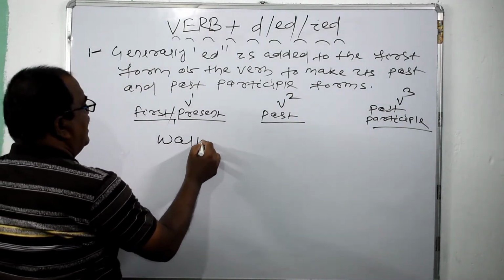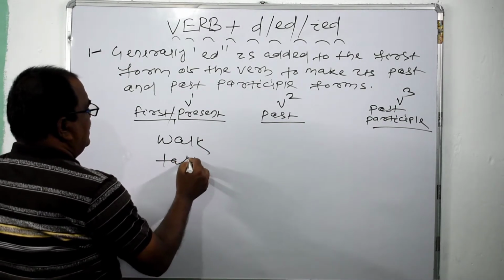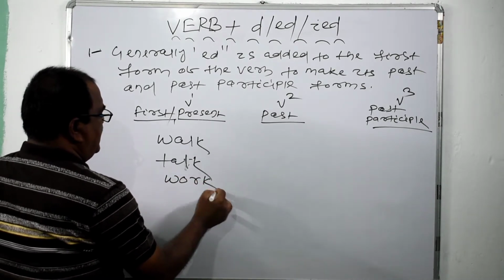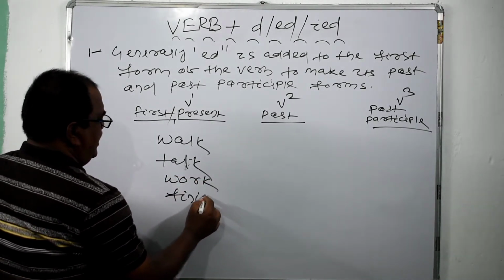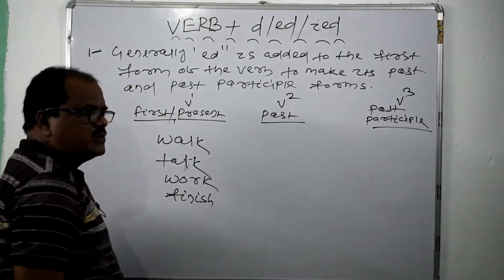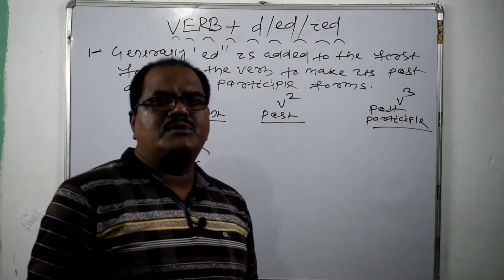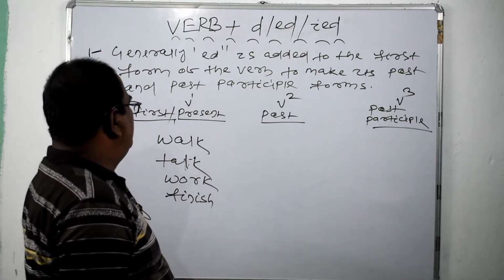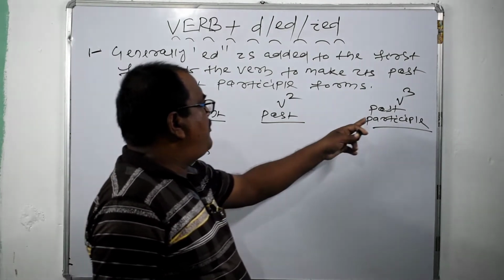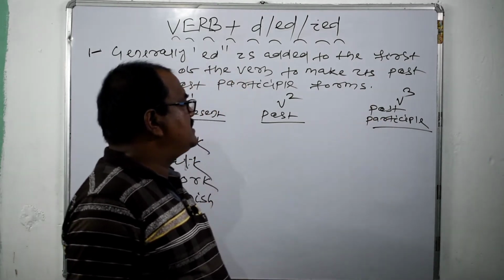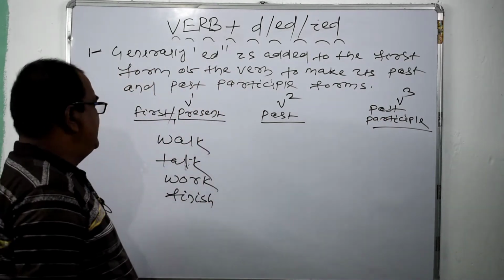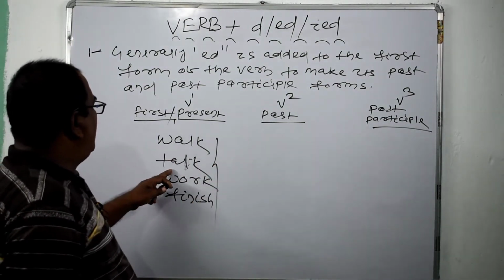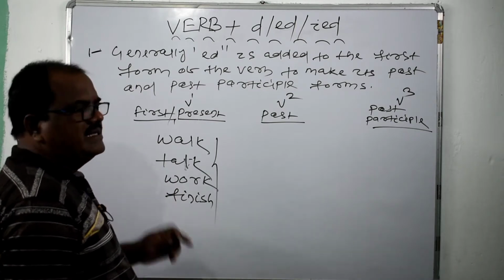Walk, talk, work, finish, and so on. We can take the examples of a number of verbs whose past and past participle forms are formed by adding ed. Look at these four verbs: walk, talk, work, and finish.